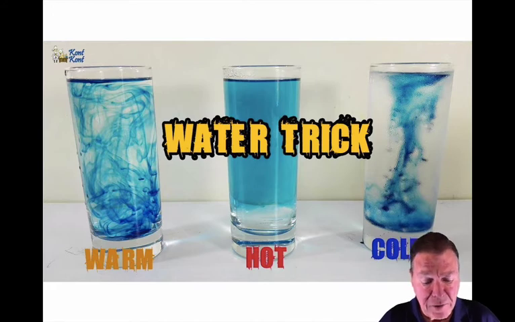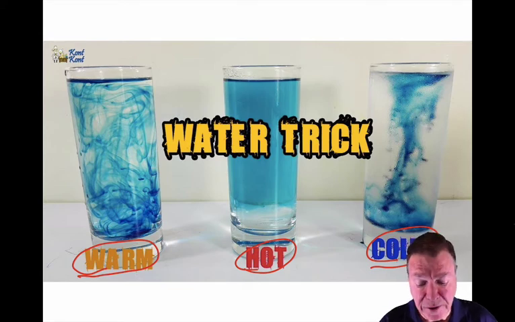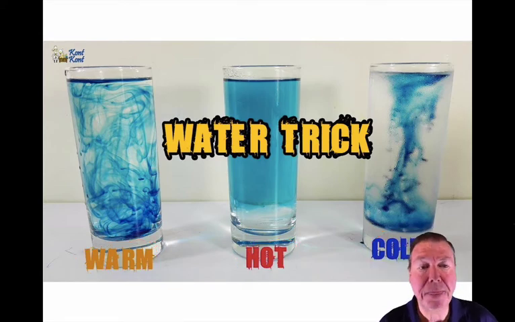All right, you've got warm water over here, you've got hot water here, and you've got cold water here. Now the cold water looks a little blurry because the condensation on the outside of the glass makes it blurry. So here we go.